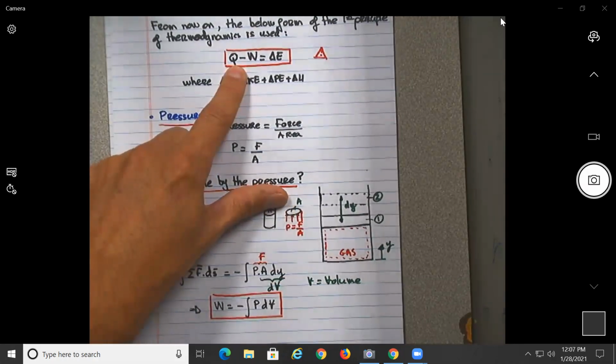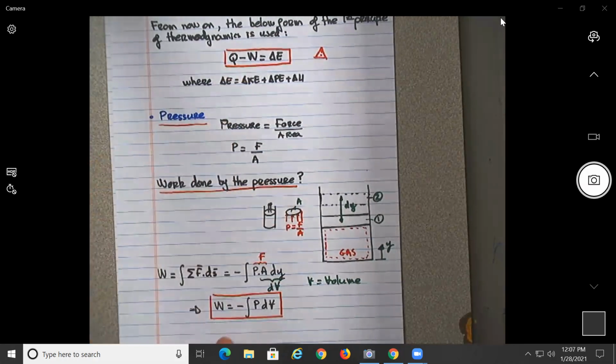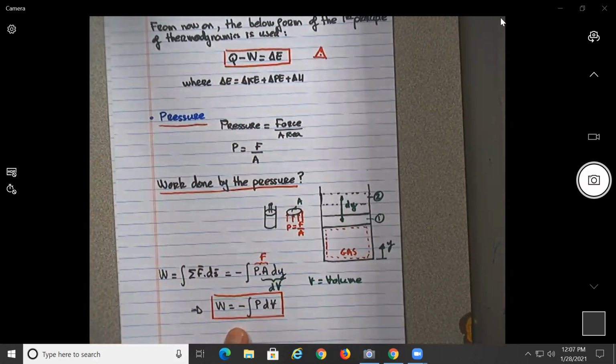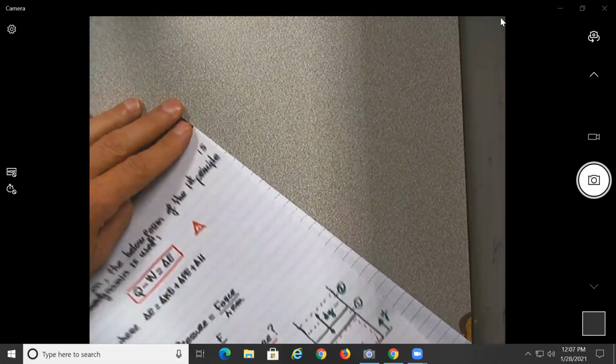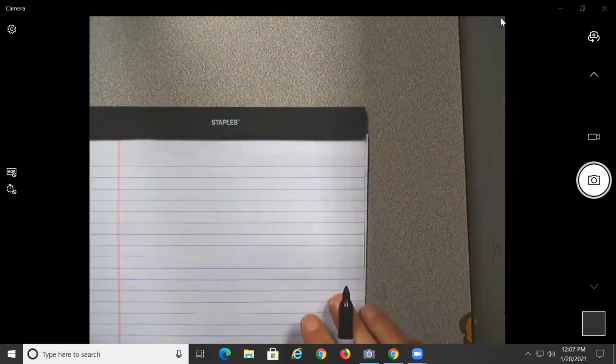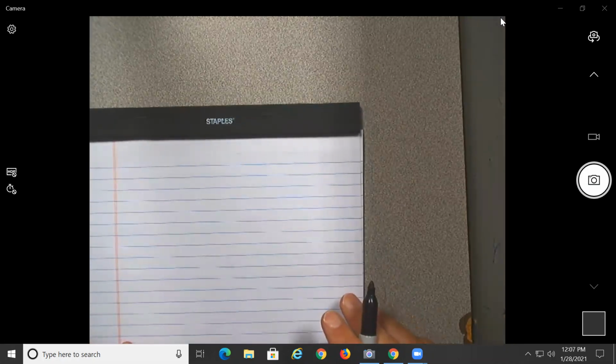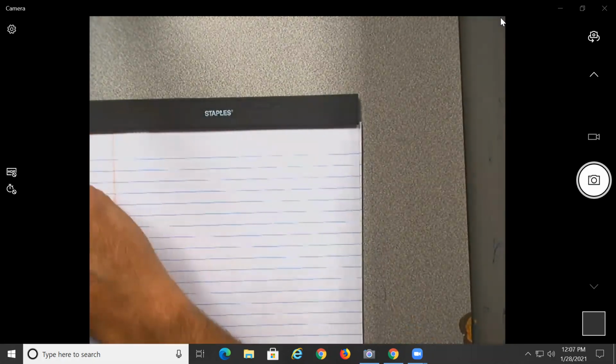Because in this expression, they changed the sign for W. What should we do also for this one? Change the sign, no? Maybe, okay. All right, I'll write it down. So let's go over here.